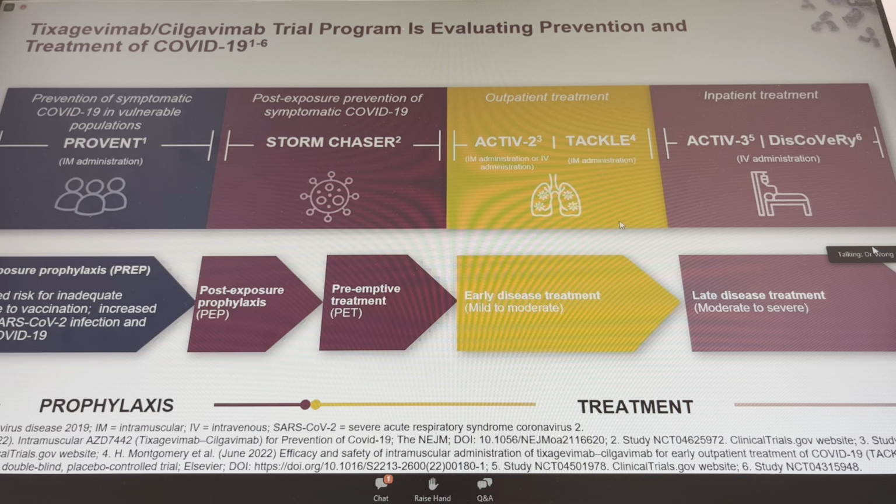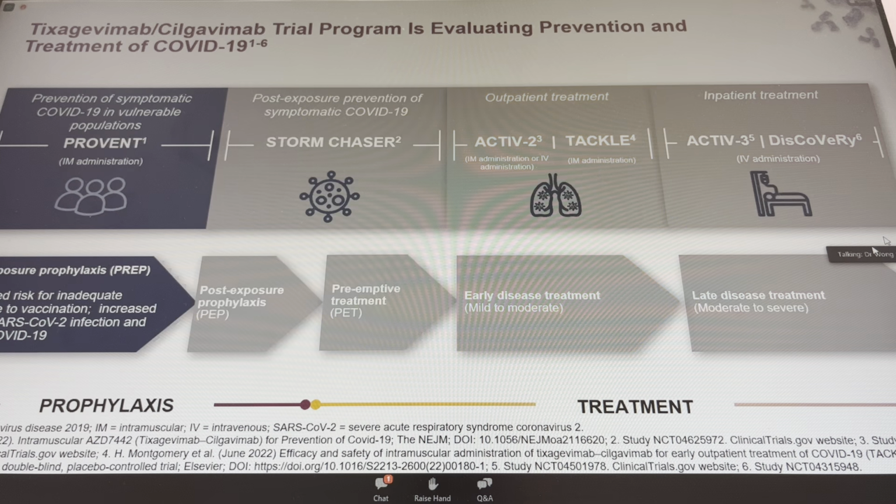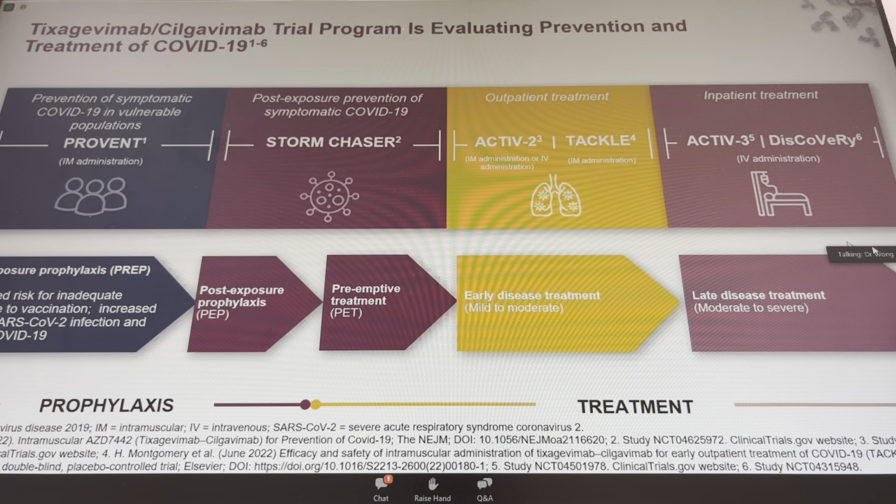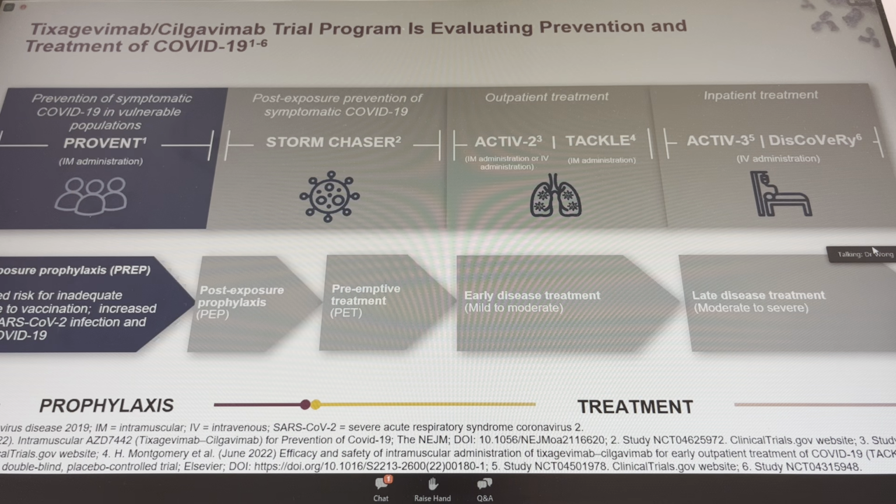One is PROVENT, which is the pre-exposure prophylaxis, and the post-exposure prophylaxis trial is called STORM Chaser. That's really for when patients are exposed and at risk for getting infection, and sometimes it flows into preemptive treatment because sometimes you can't tell for sure. So let's start off with PROVENT, on pre-exposure prophylaxis.